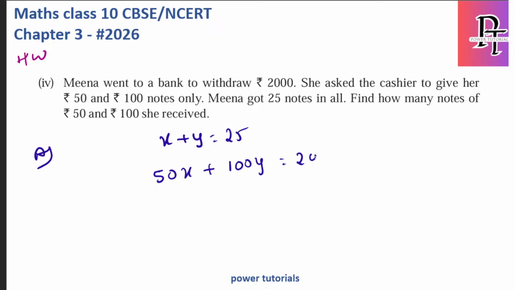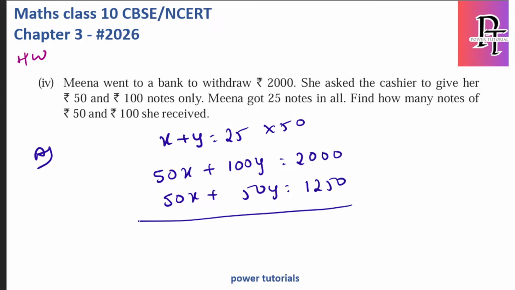This total is 2000. To eliminate, simply I will multiply this by 50. What I will get? 50x plus 50y is equal to 25 into 50, which is 1250. Now if I subtract, this will get cancelled out. 100 minus 50 is 50y. This becomes 750.